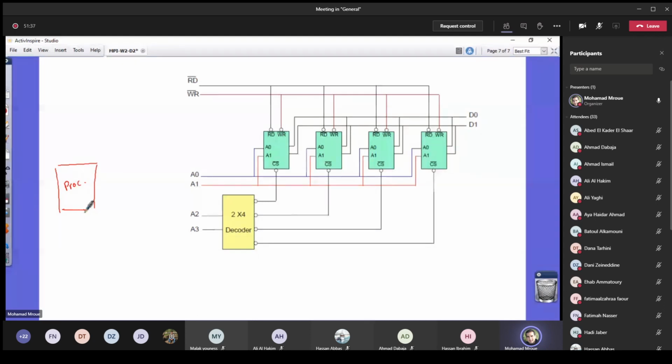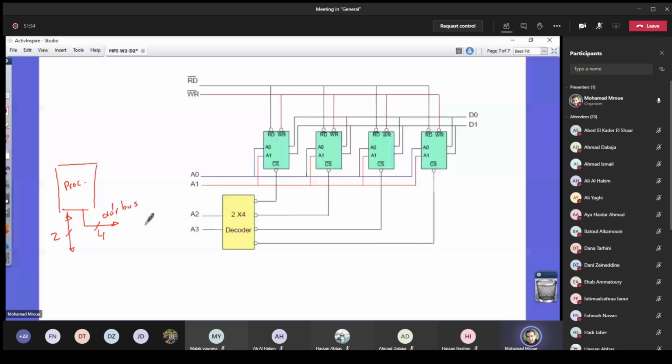Let's say the address is on 4 bits, so this is the address bus, 4 bits, and we have data, for example here on 2 bits.